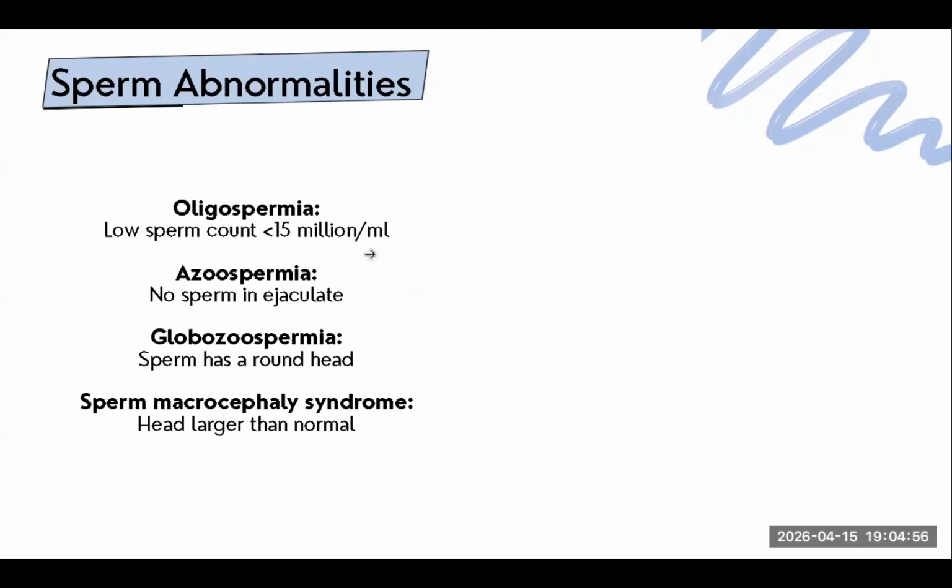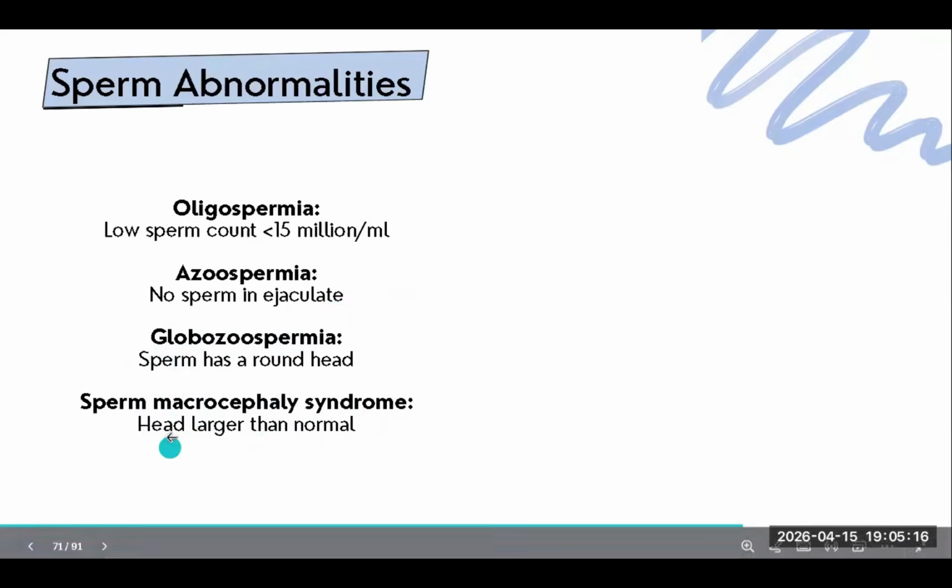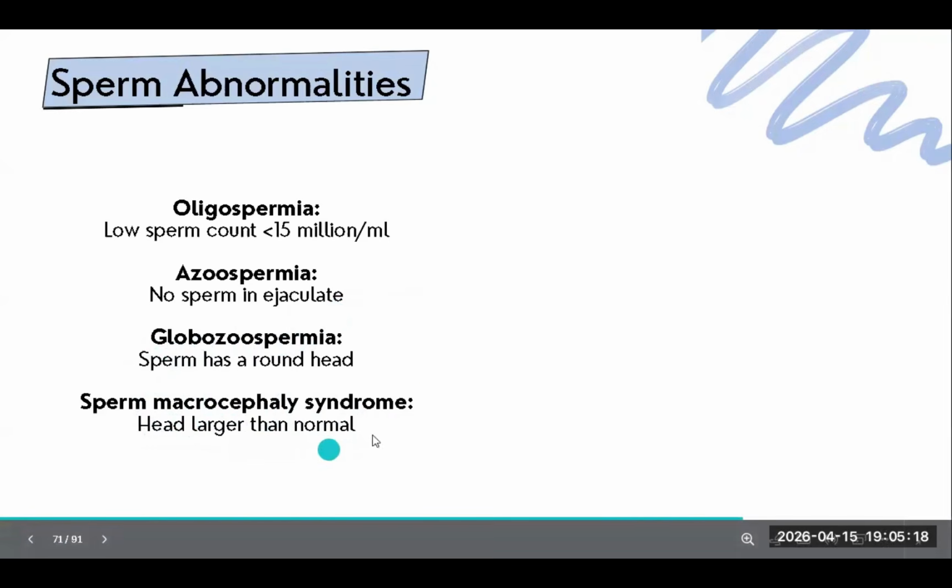And the next one is globosospermia. The way I remember it is globe, round. And it simply means the sperm has a round head. And finally, sperm macrocephaly syndrome. And macro means larger, cephaly, head. Therefore, the head is larger than normal.